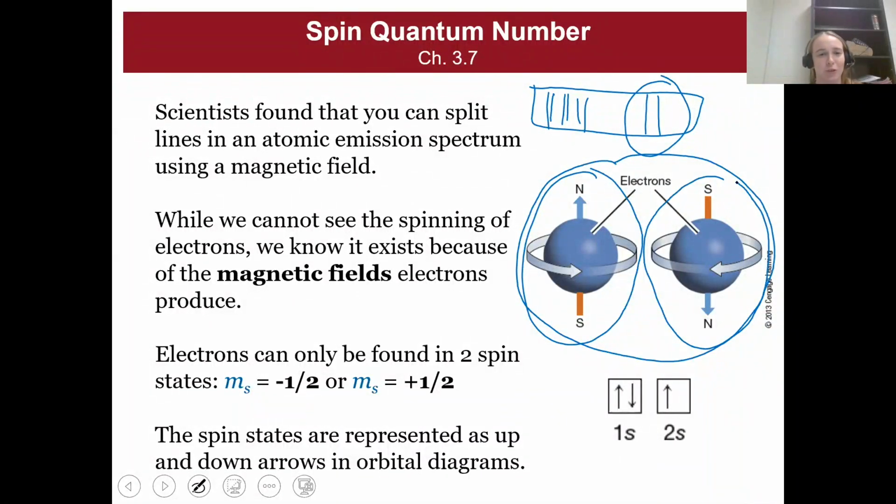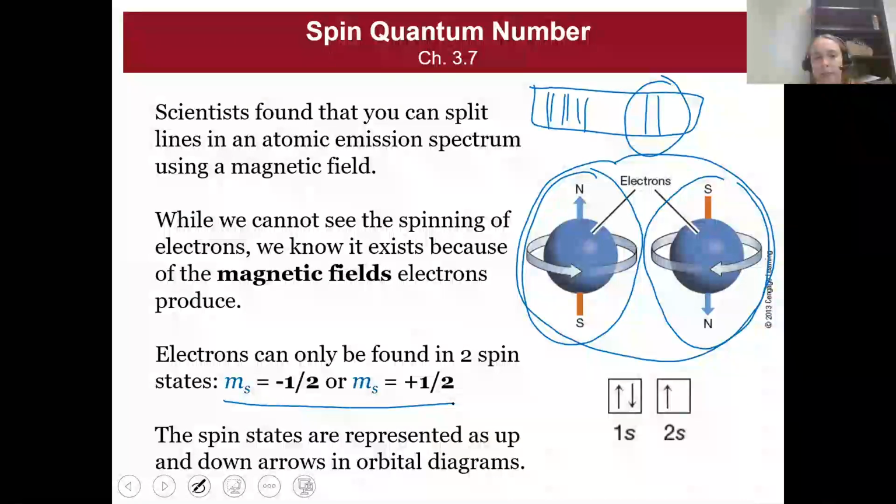Anyway, back to electrons. Electrons can only be found in 2 spin states. So there's only clockwise or counterclockwise, which means there's only up or down magnetic fields. So we call the spin quantum number m sub s, and it can only be -1/2 or +1/2.